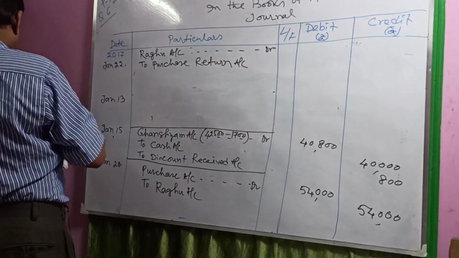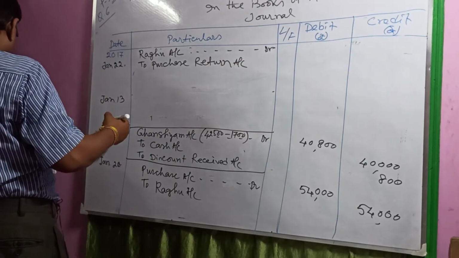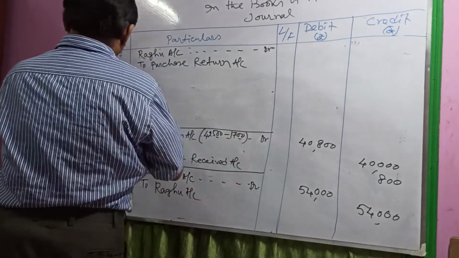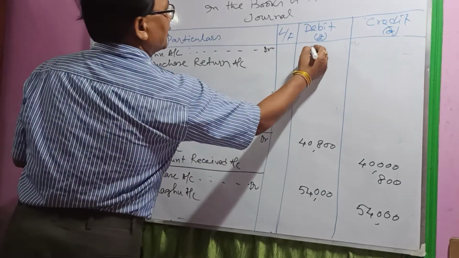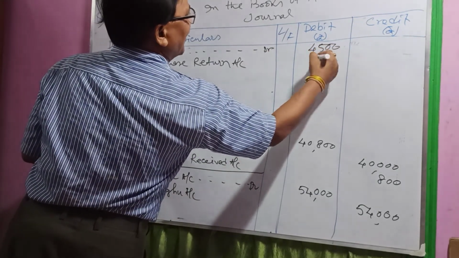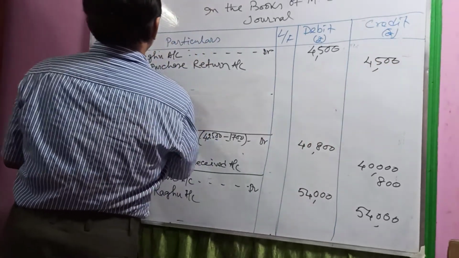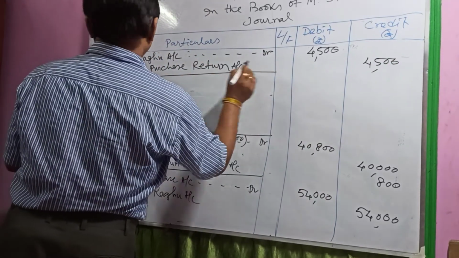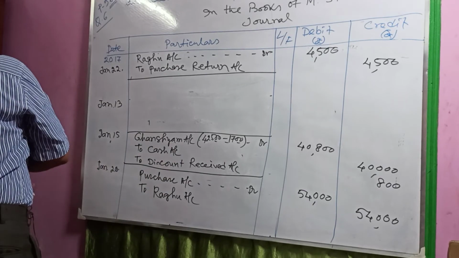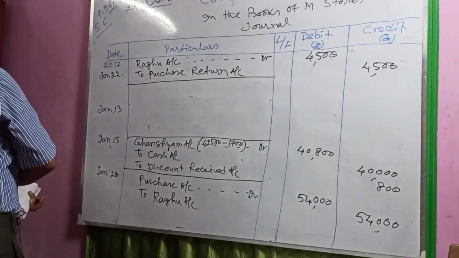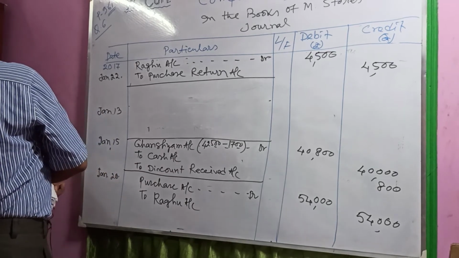But in this case, again you have 10% trade discount. 5,000 minus 10%, that is 500, equal to 4,500. Narration you write: being return goods, their actual price 5,000 less 10% trade discount.